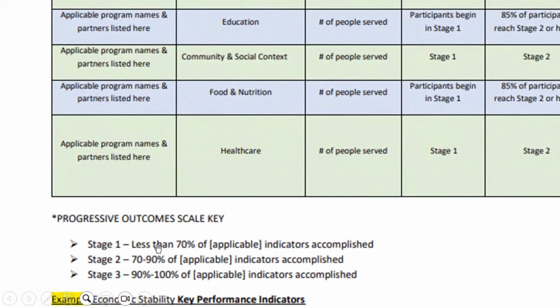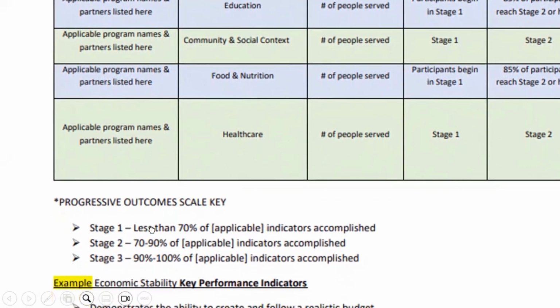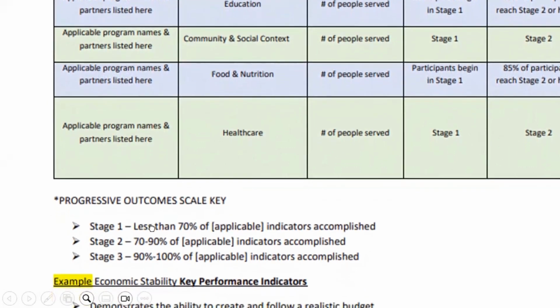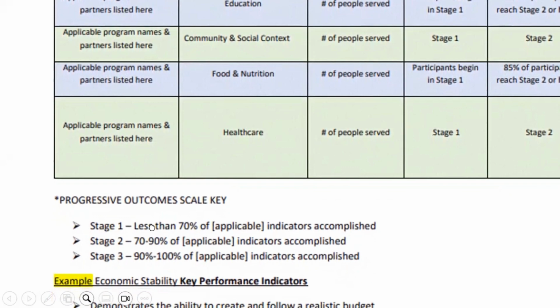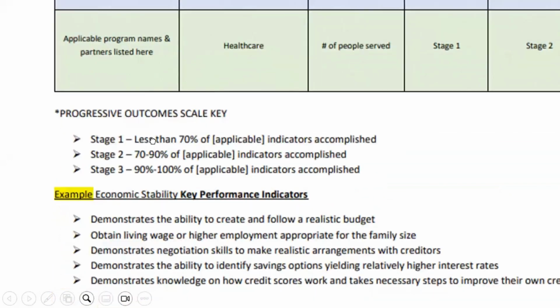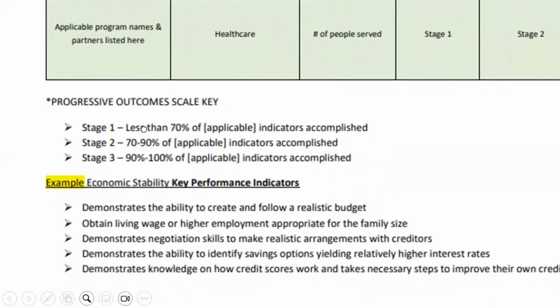So stage 1 is when less than 70% of indicators have been accomplished. Stage 2 is 70 to 90% of indicators accomplished. Stage 3 is when nearly all of the indicators have been accomplished. So the next question you might ask is, well, what are those indicators? The indicators are very specific and targeted to the needs of the community.